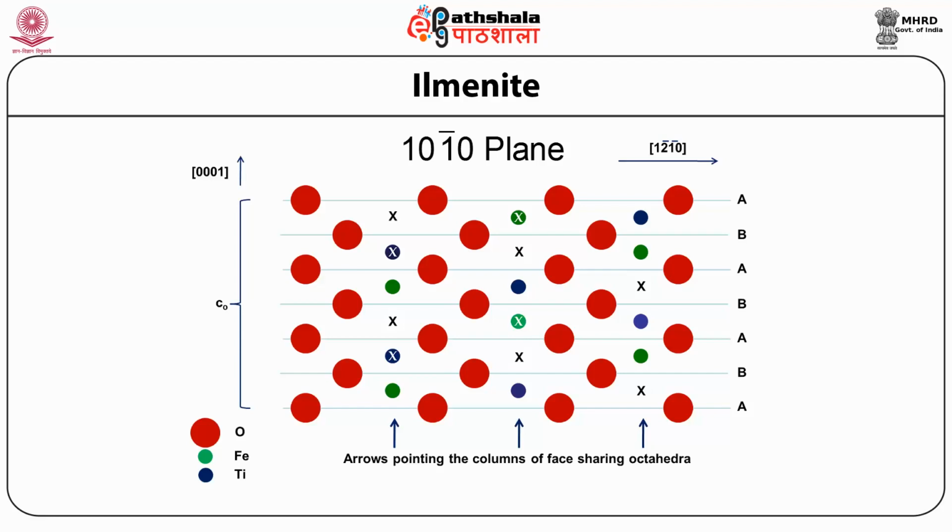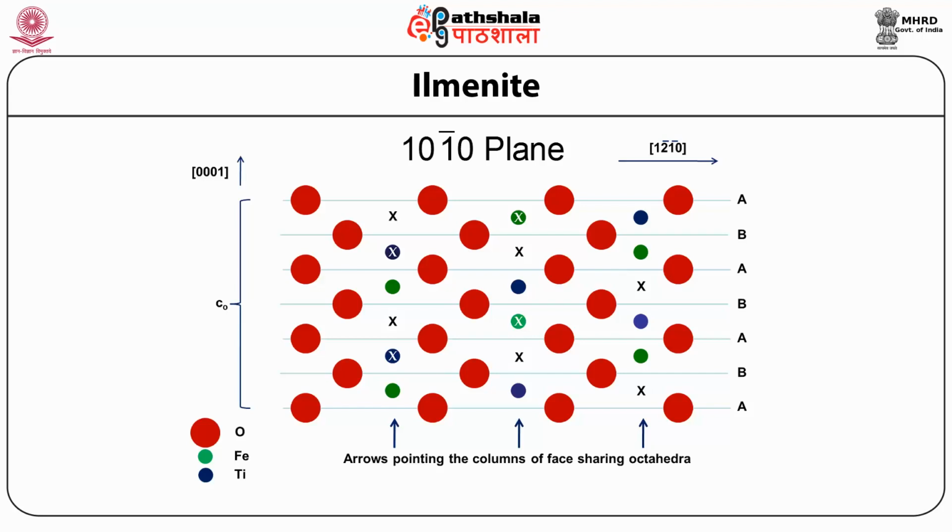In the previous slide, we have seen that the first layer is there, over that the second layer is there over the voids, and then the third layer is formed. But still there are some vacant spaces which we are representing by vacant octahedral sites. So this figure also represents the same thing.